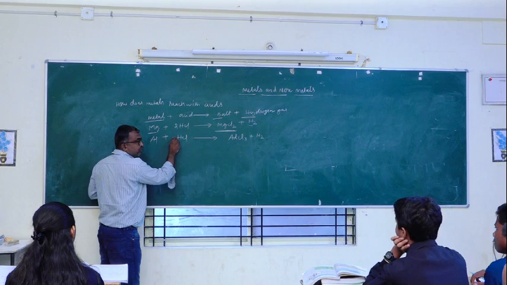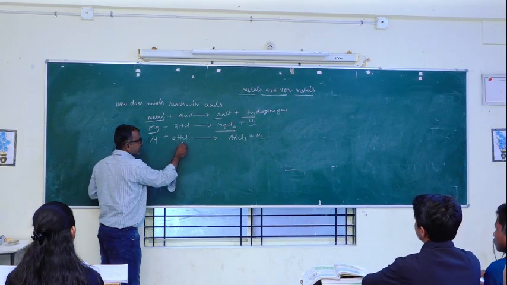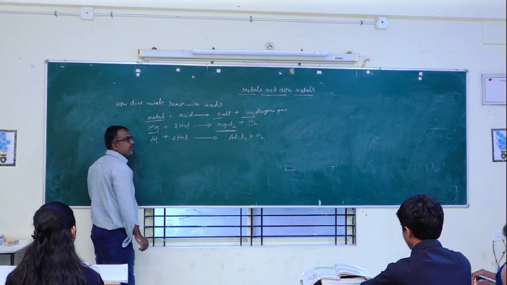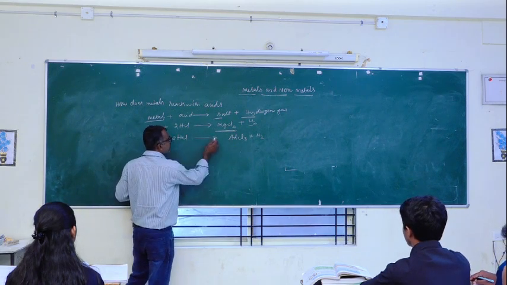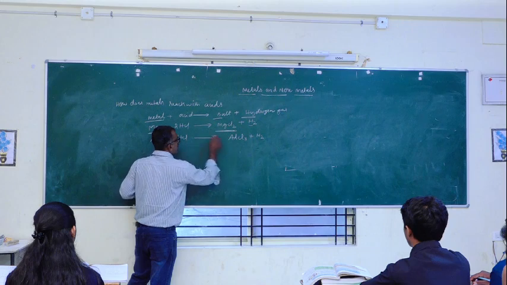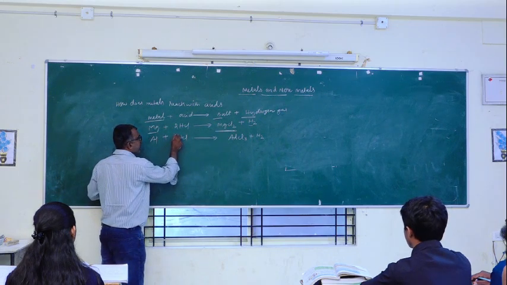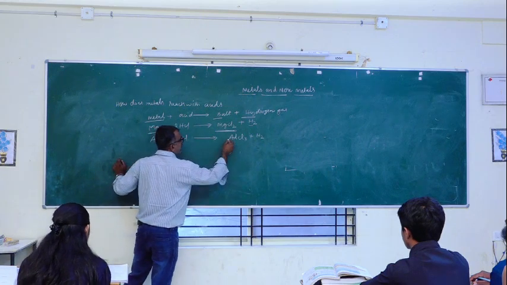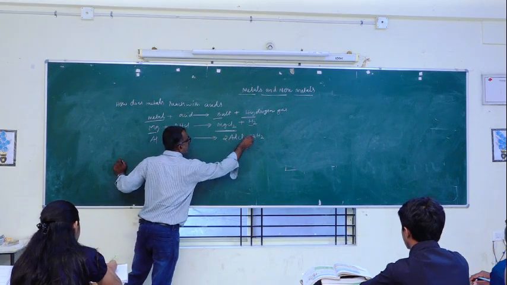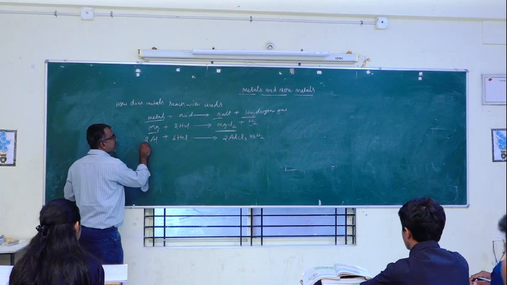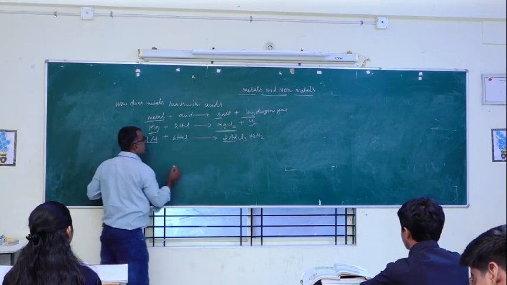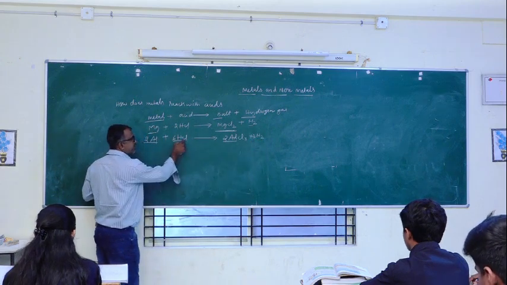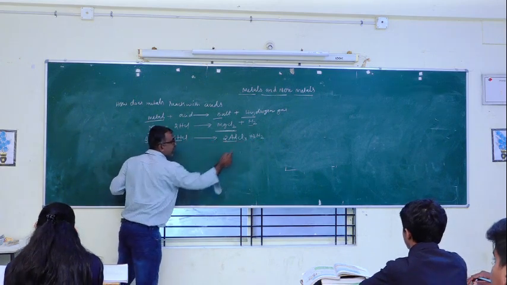So shall I put 2 here? Then Cl here is 2, but there Cl is 3. To make it 3 here also, I will put 6. Then 2 here, 3 there. Al2, then H6, 3 2s are 6, Cl6, 2 3s are 6.